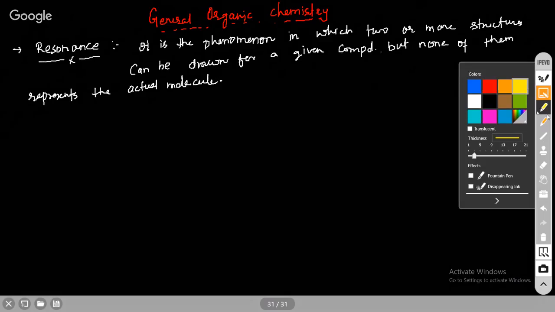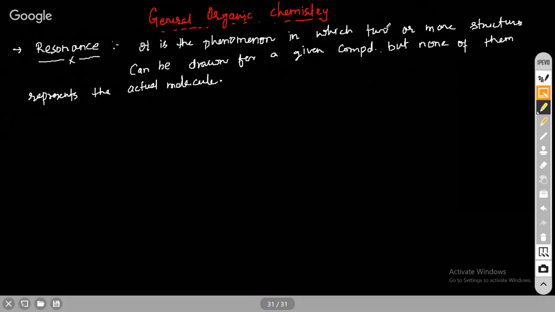The structures we draw here, like I said, two or more structures, all these structures are called resonating structures.